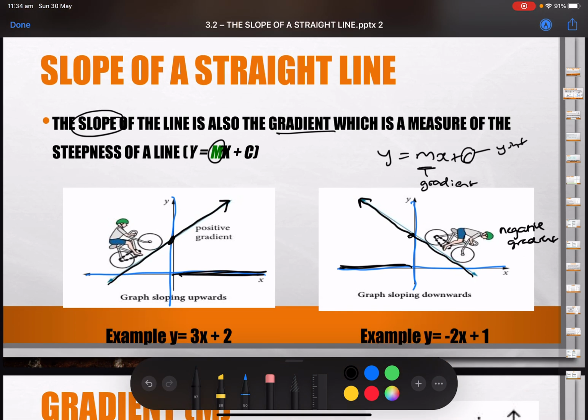Looking at these two, if I have an equation y equals 3x plus 2, that 3 is positive, which straight away I know my graph has to be like this, or like this, facing the positive direction. Whereas over here I have y equals negative 2x. So my gradient is negative, which means my line is going to be facing this way, going anywhere in this negative direction.